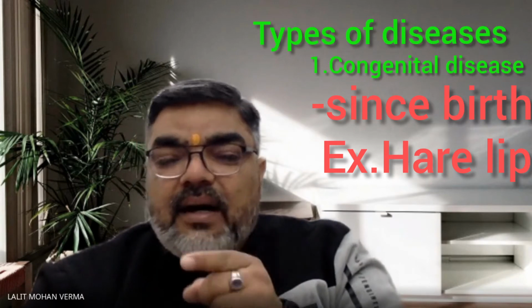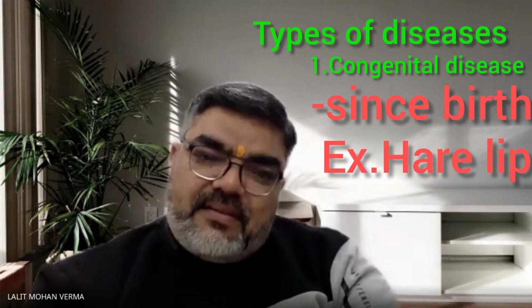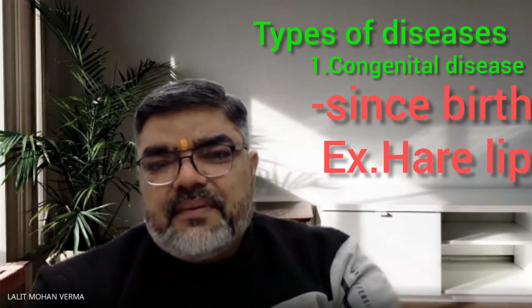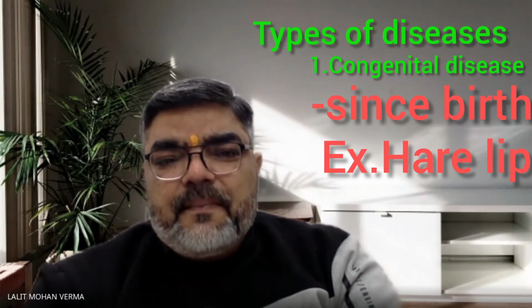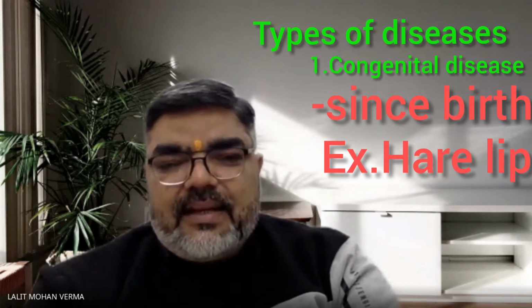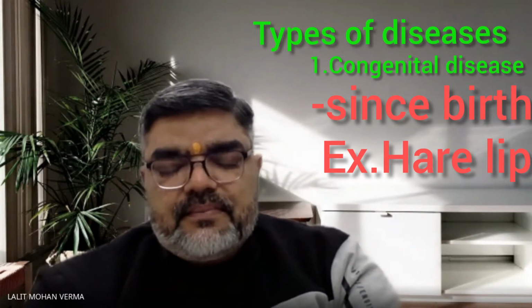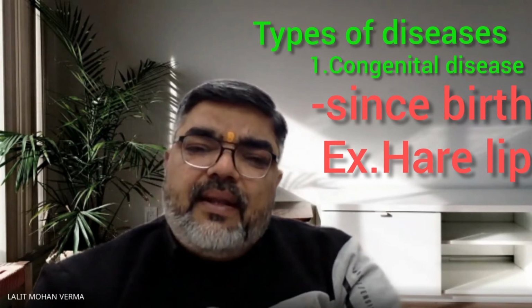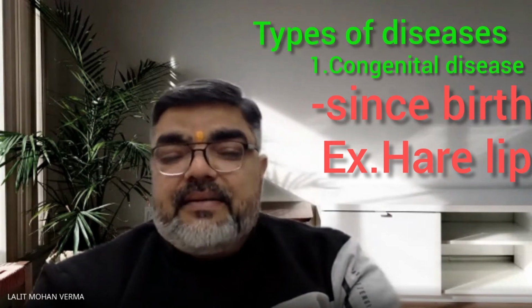If this inheritance is defective, if the exact number is not passed from the parents to the zygote, then some disease may occur. For example, hemophilia, color blindness.